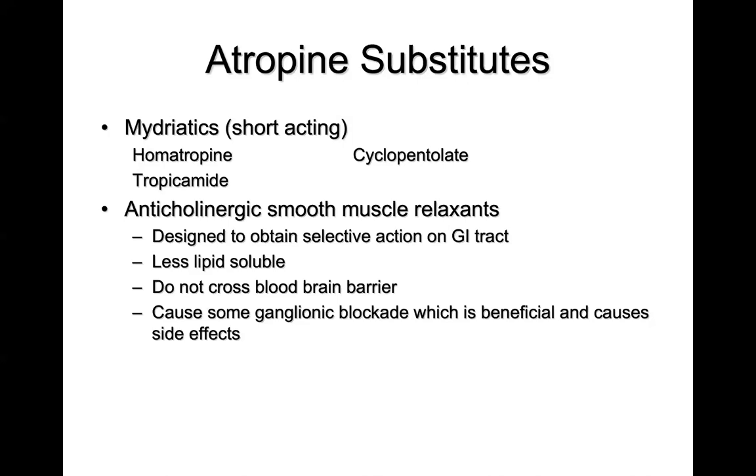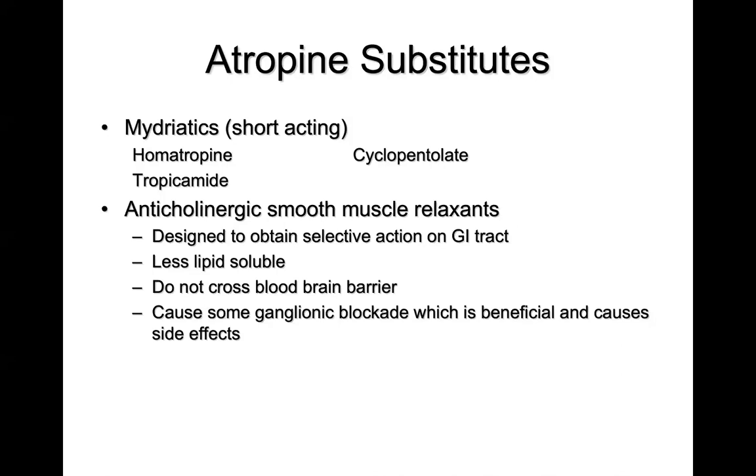There's also been some work to develop drugs that work by blocking the muscarinic receptor and producing smooth muscle relaxation. Some drugs were tried with the idea that they would be more selective for the GI tract. In other words, you wouldn't have all the other antimuscarinic effects, and most of the effects would be on the GI tract. What they tried to do is make the drugs less lipid soluble so they didn't penetrate into other tissues as much and didn't cross the blood-brain barrier.